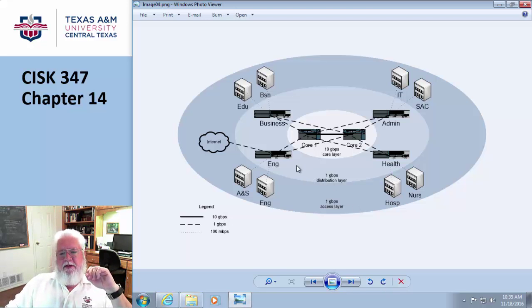The distribution layer is all about getting information to this layer. And then you have the core in the middle, whose responsibility is only getting information to and from the other distributions. Okay, this is a good place to stop for the 15-minute mark. We'll pick this up again in just a few.